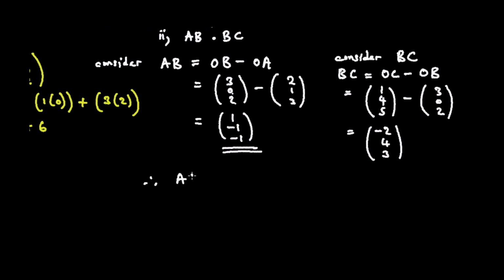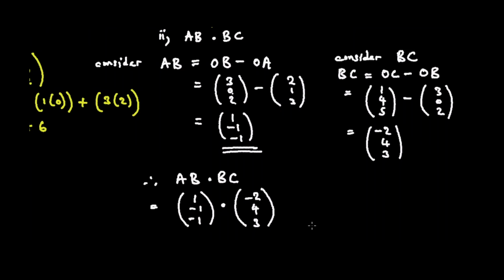Therefore, AB dot BC iri equal to AB taona kuti ndi 1 minus 1 minus 1 dot BC taona kuti ndi minus 2, 4, 3. Like this.